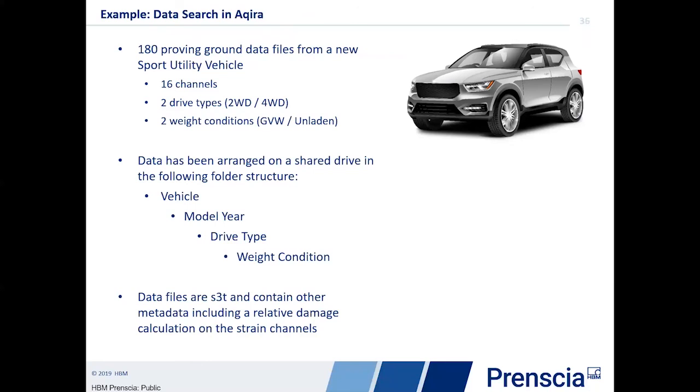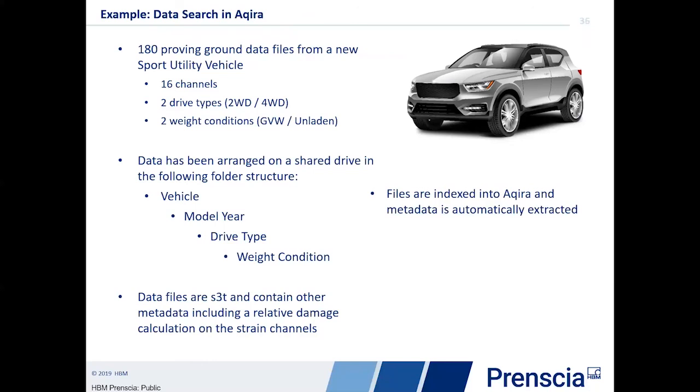All these data files are a specific format, and they also contain metadata that includes things like a relative damage calculation on the strain channel. So all that metadata is embedded in the file. How can we use that in Aqira? Well, we can index these files into Aqira. An admin user can index that data, and then the metadata can be automatically extracted.